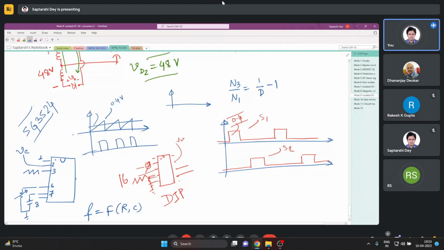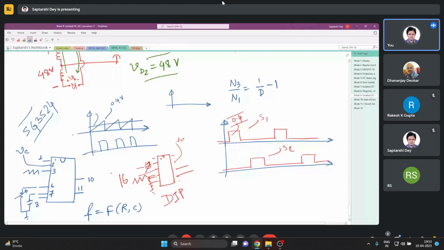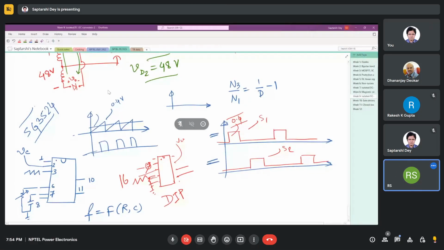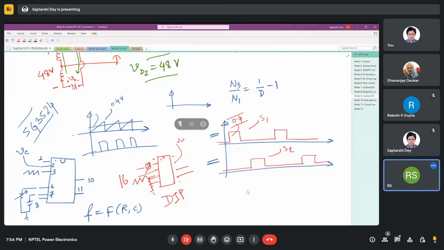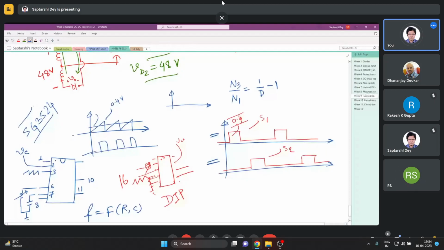And from somewhere around pin number 10 and 11 you will get these two pulses, S1 and S2. I have forgotten the pin numbers. Somewhere here will be your ground or the 5 volt power supply. Probably pin number 8 was ground.